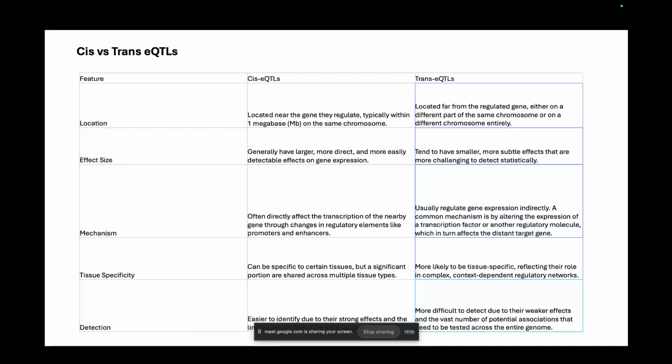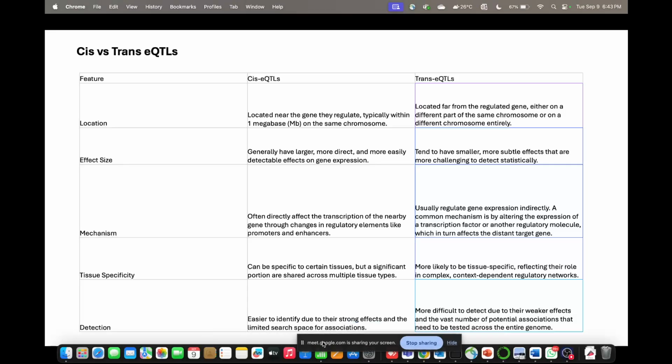So the fourth thing is that these are tissue specific. They can be specific to certain tissues, but a significant portion are shared across multiple tissue types. Trans eQTLs are more likely to be tissue specific, reflecting their role in complex, context-dependent regulatory networks.